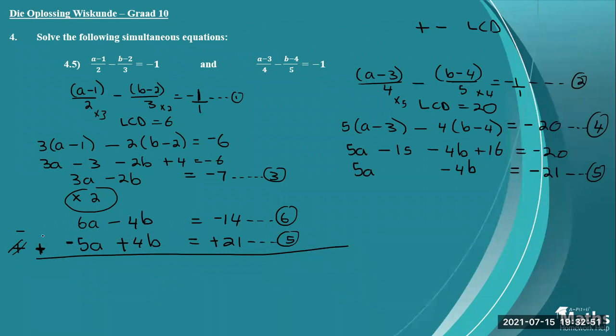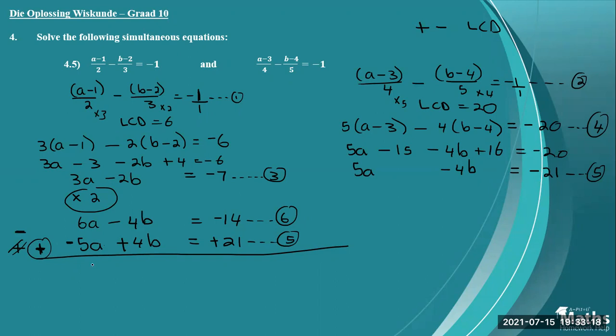So then I owe 4 and I have 4. Okay, but it's less mistakes if you use this method, which they normally teach, where you need to subtract. We figured that out. But instead of saying minus 4b minus minus, you just add, but you change the signs of the bottom row.